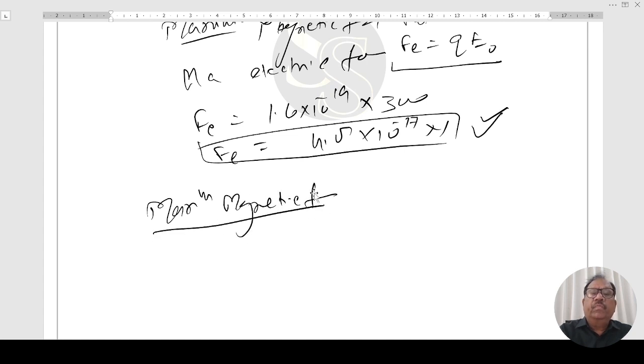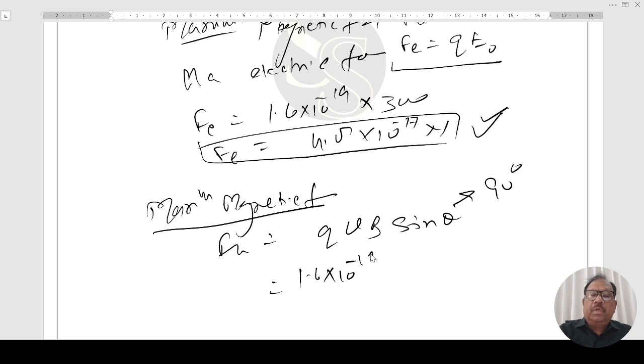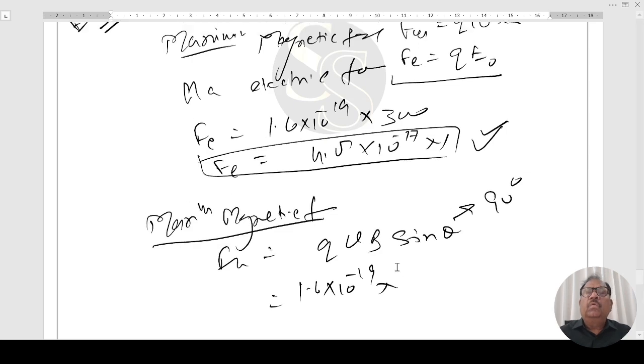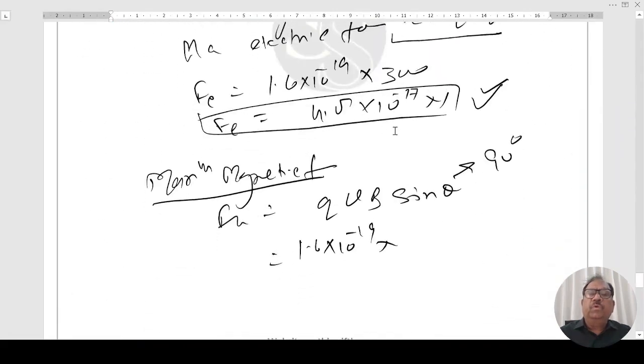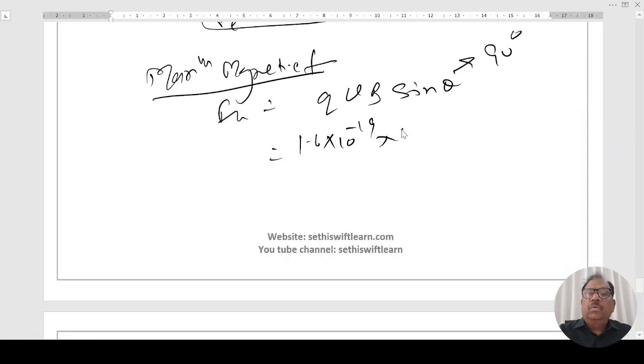And maximum magnetic force will be equal to Fm is equal to QVB sin theta. Angle between the axis theta is 90 degree. Substituting 1.6 × 10⁻¹⁹ into V. V is given 2.0 × 10⁻⁷ into B. B will be equal to E naught by C, into sin 90.